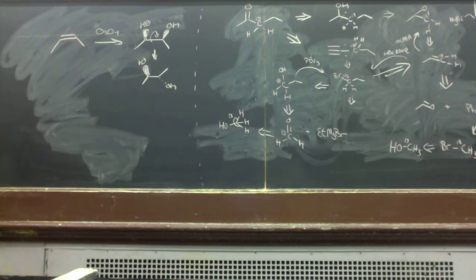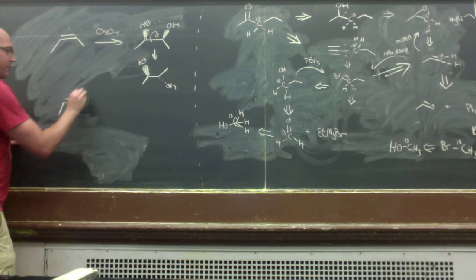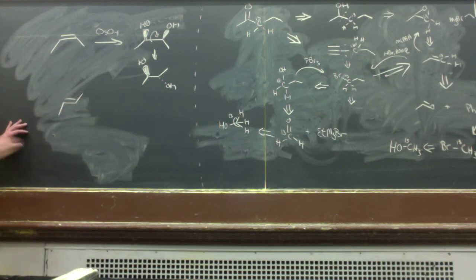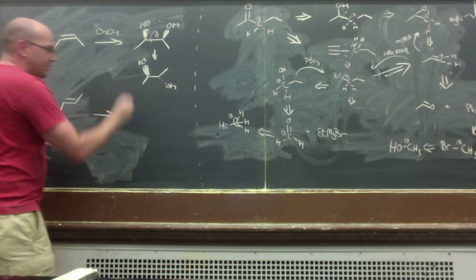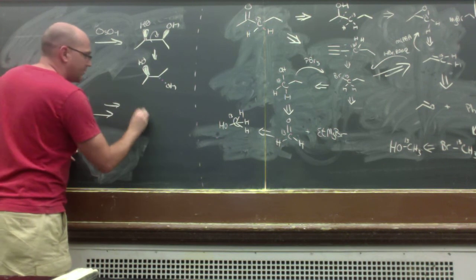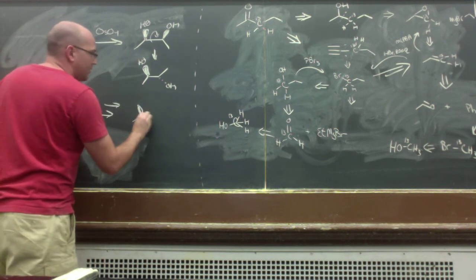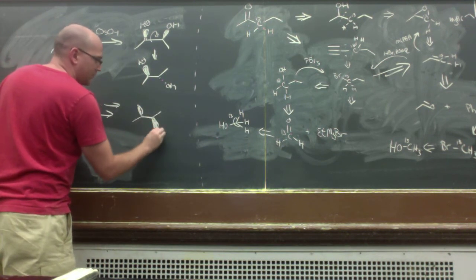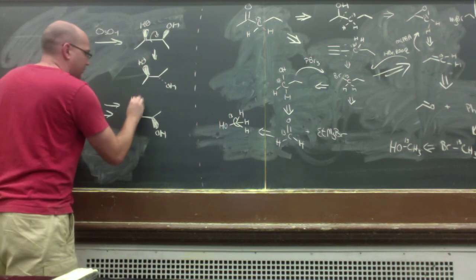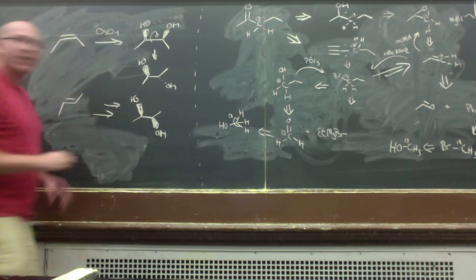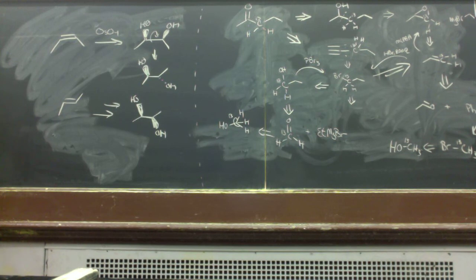Right? And meanwhile, if you come from the trans, then it's going to lead to the opposite. And you guys can sort of figure this out on your own, but you can see that it's going to depend upon the alkene that you start with, right? So depending upon the alkene that you start with, you will get a product dependent upon it. So this is just oxidation from the top face, right?